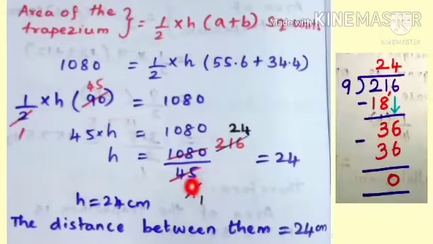Again by cancelling 9 and 216 by the 9th table, here it is 24 times and in the denominator it is 1 times. So thus we get h as 24 centimeter, which is the distance between the parallel sides A and B. The height of the trapezium is 24 centimeter.